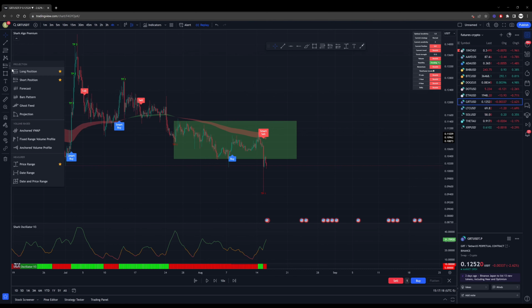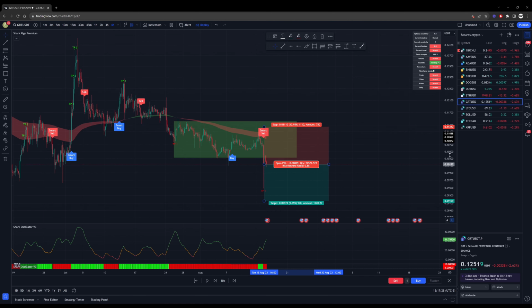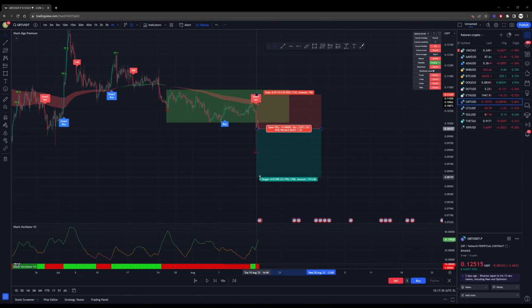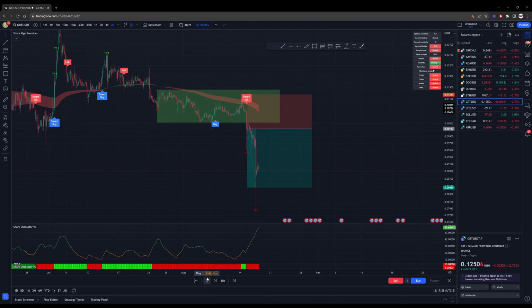We want to take a short position right over here, adding a stop loss above the box or above the swing high, whatever you choose. Next, we want to target a 1.5 risk to reward ratio at least, or higher. Then we take that trade and run with it, and we can see that the price ends up going down and hitting our take profit because we entered a state of volatility. And now I'm going to show you guys one last example of this strategy, so you understand it perfectly.